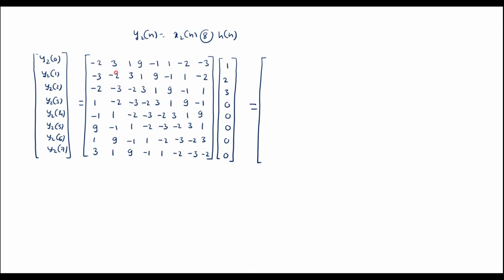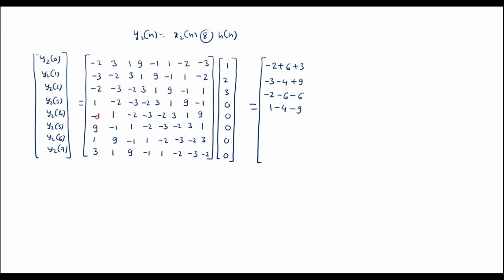Multiplying first row with this column, that is minus 2 into 1 is minus 2, plus 6, 1 into 3 is plus 3. Rest all values are 0. I will ignore here. Minus 3 into 1 is minus 3. This is minus 4 and this is plus 9. Next we have minus 2 into 1 is minus 2, minus 6, minus 6. Then fourth row, 1 into 1 is 1, minus 4, minus 9.